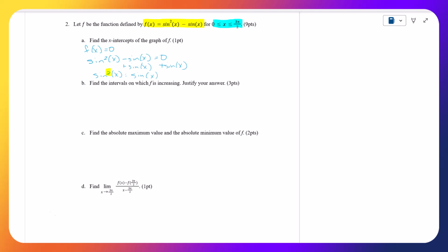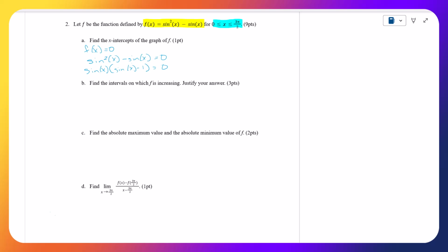What we can do is factor this because we have two terms and both terms have a sine in them. So let's factor out a sine of x, and we're left with sine of x minus 1 equals 0. Now that we have two factors, we set each factor to 0.